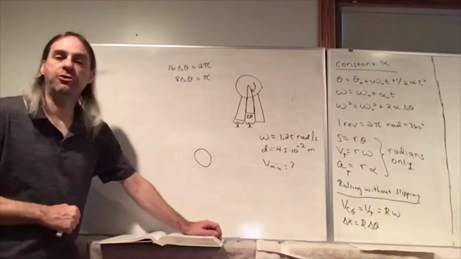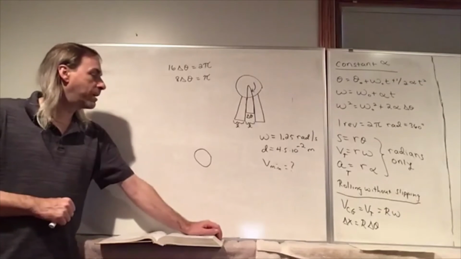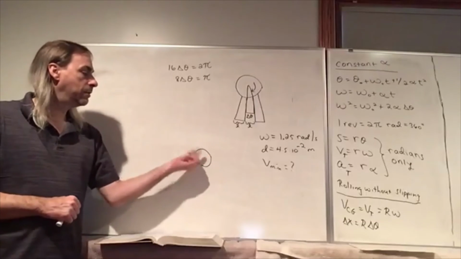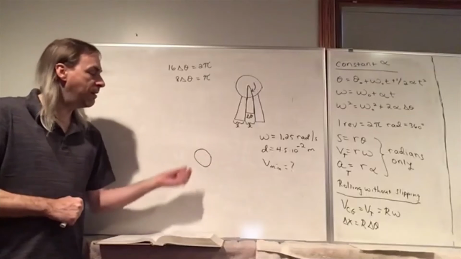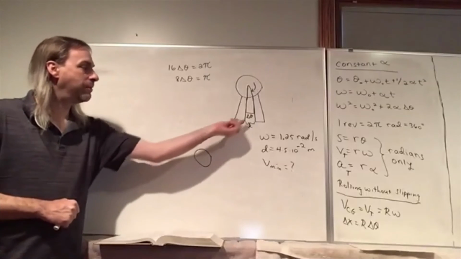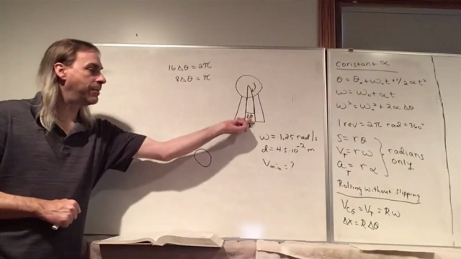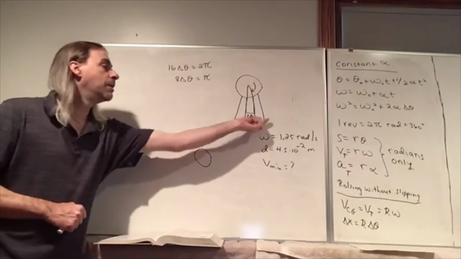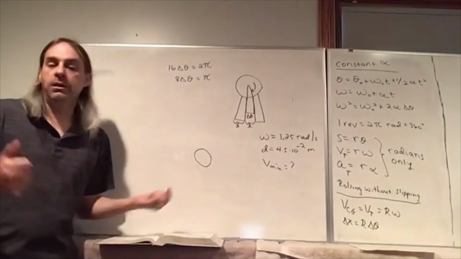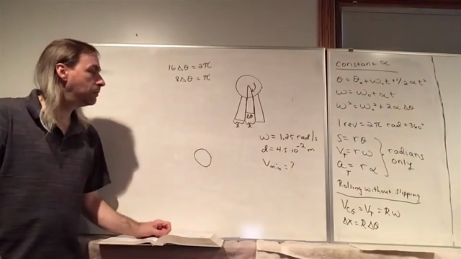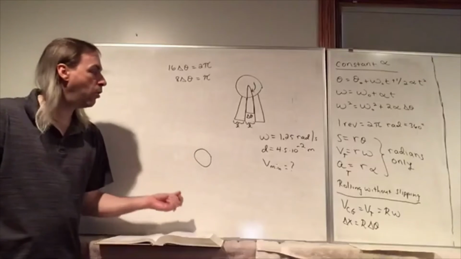That is an assumption. We could be more careful, because if the ball is at its maximum diameter in this plane when the blade hits it, then it's going too slow.